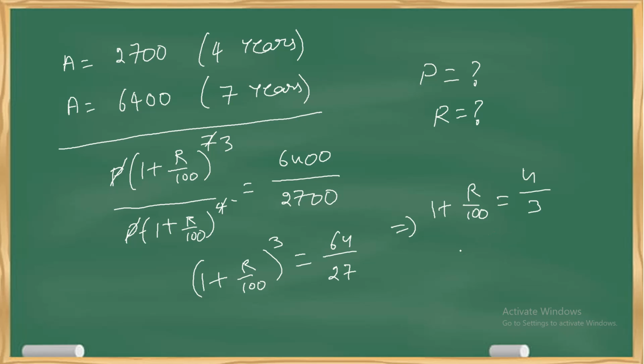Are you able to follow the point? So R by 100 is equal to 1 by 3. So R is equal to 33.33%. Once you know R, I know how to find the value of P here. So this is an important point you should always understand.